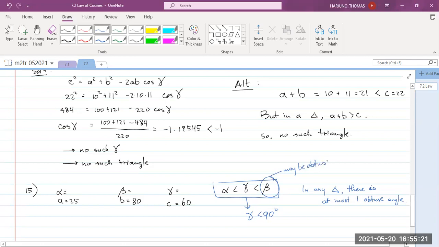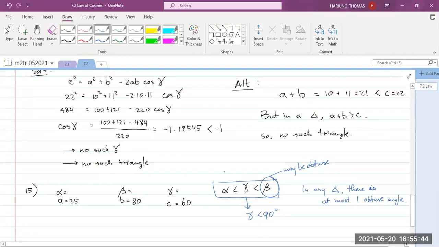Is it right? We don't know yet. But if any of them may be obtuse, that will be angle beta. Now then, it means gamma must be less than 90 and alpha must be less than 90 also.